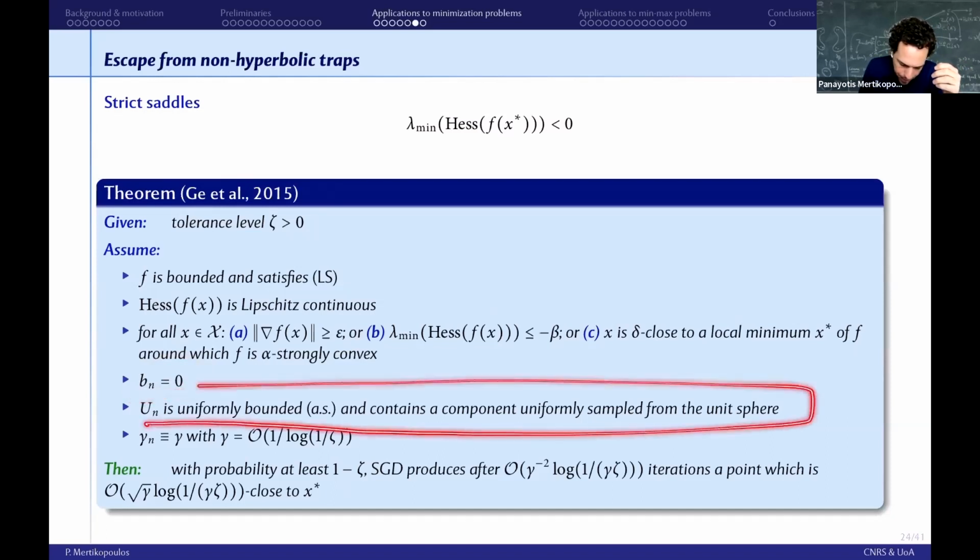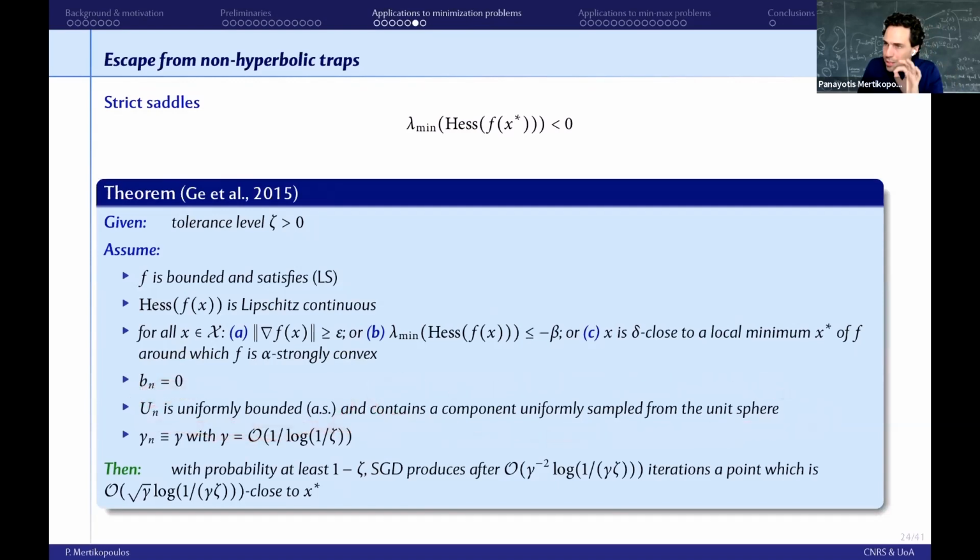And then the noise must be uniformly bounded and contain some uniformly sampled noise. So there is an injection of noise in the algorithm. And finally, the step size is taken constant and equal to basically the order of 1 over log 1 over zeta, where zeta is this tolerance level.